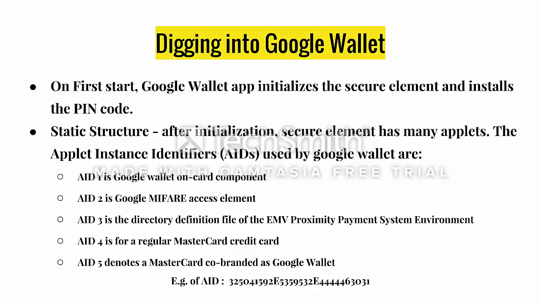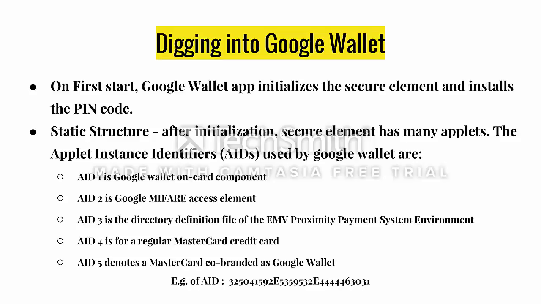Now, the last three applet instances are related to credit card payment transactions. AID3 is the directory definition file of the EMV proximity payment system environment. AID4 is the AID for regular MasterCard credit card.